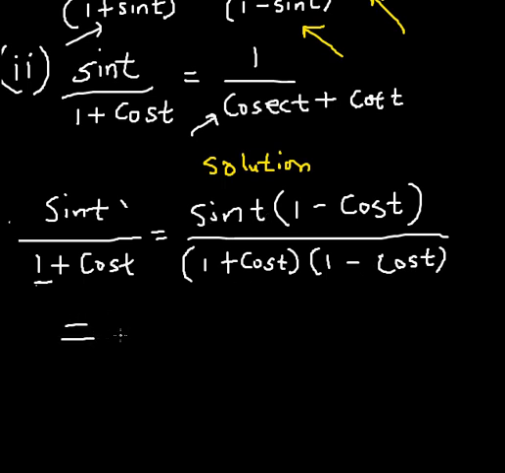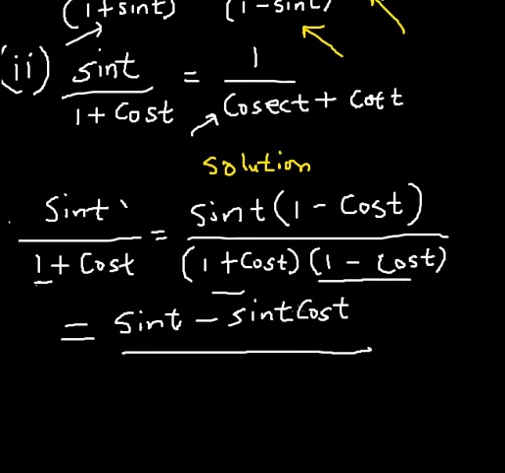Opening the bracket at the numerator, I'm having sine t multiplied by 1, that is sine t, then minus sine t cos t. At the denominator, this is the difference of 2 squares, which is the same as 1 square minus cos square t. So that's going to be 1 minus cos square t.